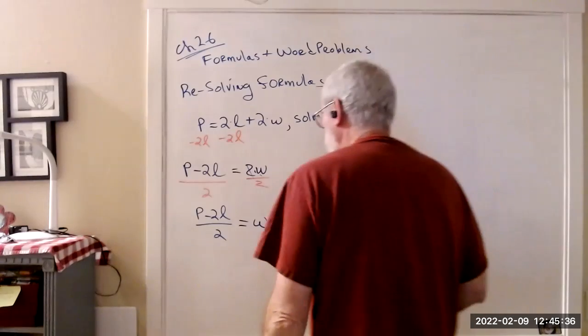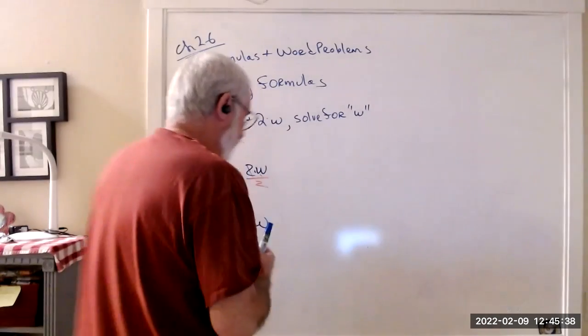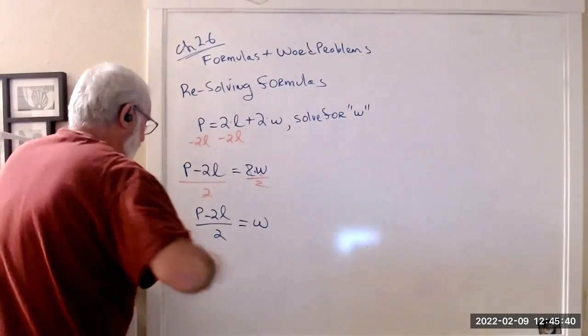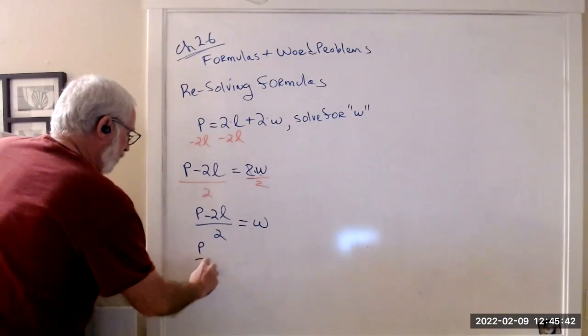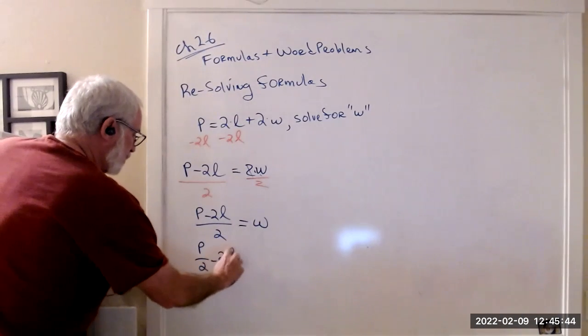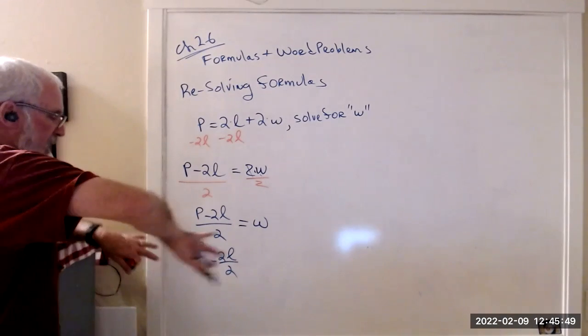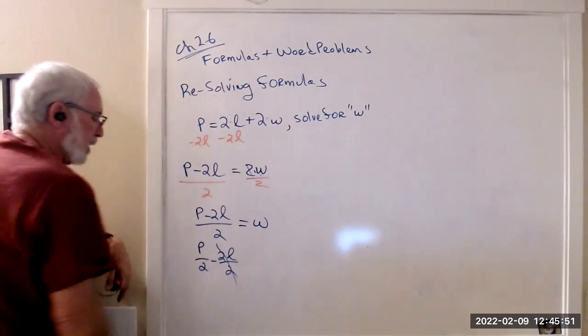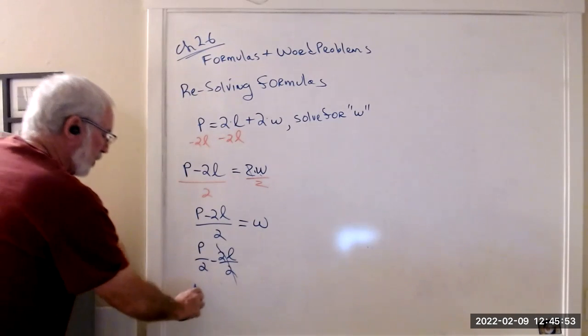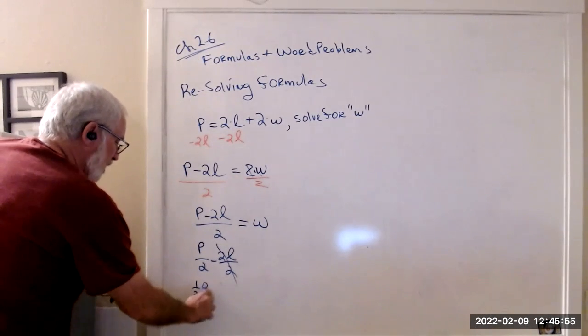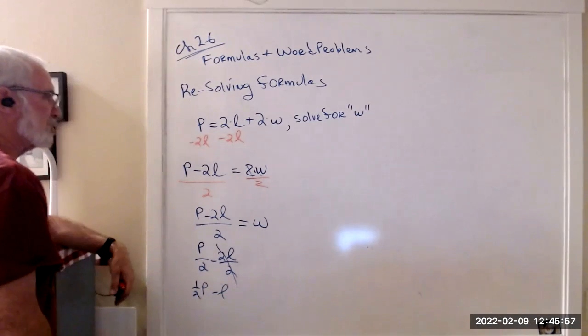Could I write, for that one, 1/2 P minus L equals W? Yes. If you want to take this fraction apart, it's P over 2 minus 2L over 2. When you take it apart, the two twosies cancel, and you wanted to write that as half P minus L. Yeah, that would be just as good.